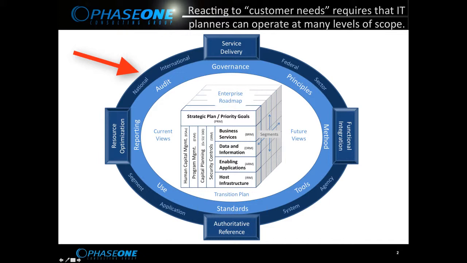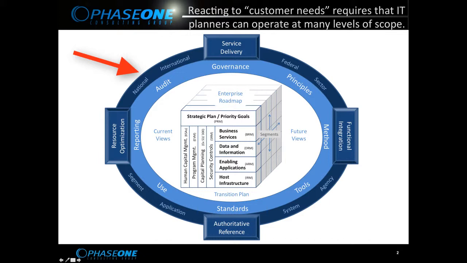What they're saying is that architects can't just be enterprise architects or segment architects or application architects. The architecture discipline, being a planning discipline, needs to be able to have methodologies and tools and competencies that can help with planning at all these layers of scope. We will deal with international issues, standards, all the way down through to system and application level issues.